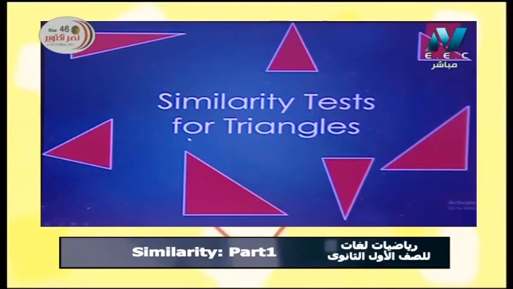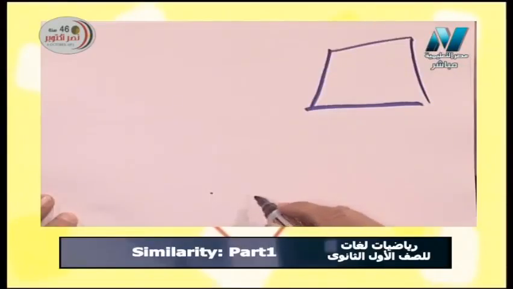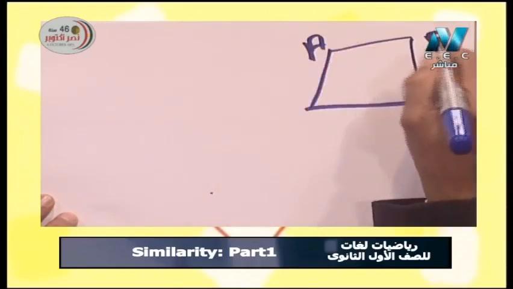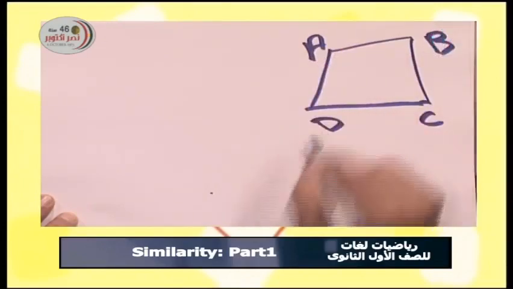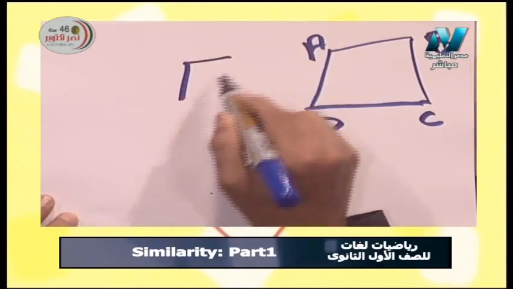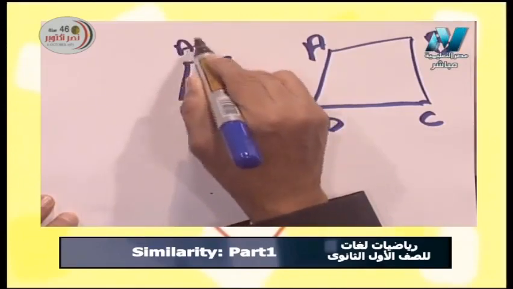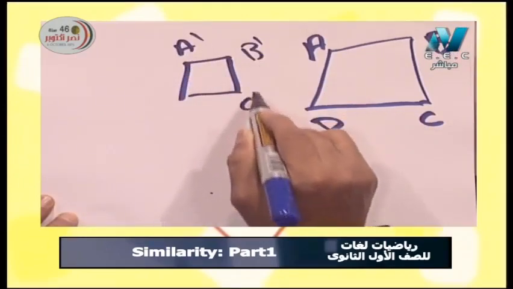Let's move to similarity tests for triangles. Before we talk about the similarity of triangles, let's see a simple example. We have a polygon ABCD and a smaller one, A dash B dash C dash D dash.